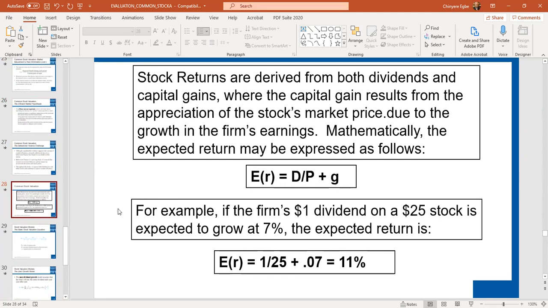So if, as an investor, you invest in a common stock, your expected return depends on the dividend. Let me modify this so you can understand it better.